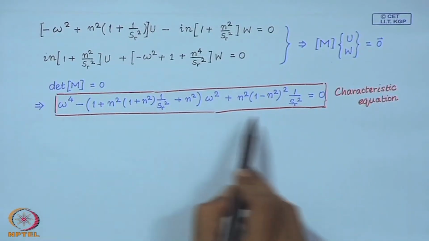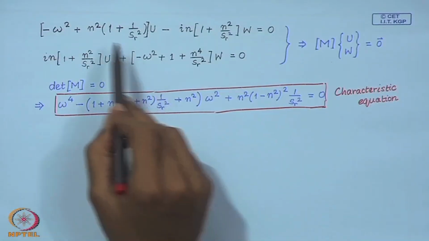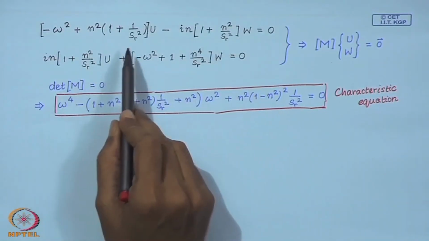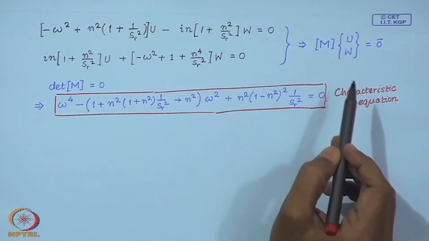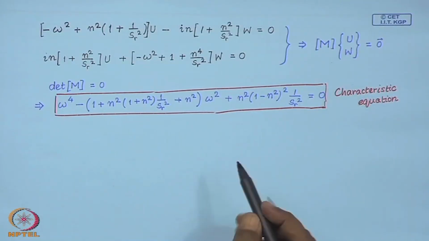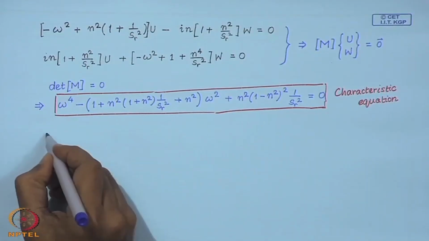Now, we have to solve for omega from this equation, substitute in these two equations and then solve for these eigenvectors U and W, and then we will obtain the eigenfunctions.